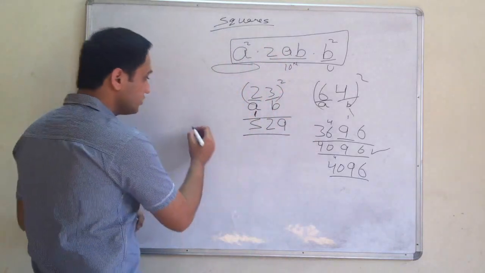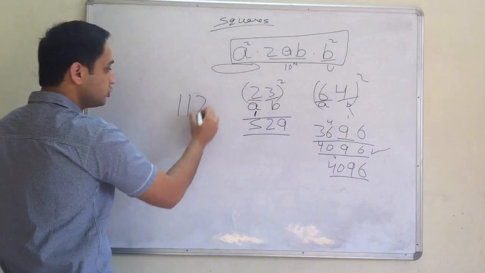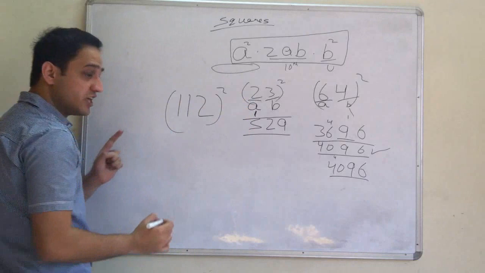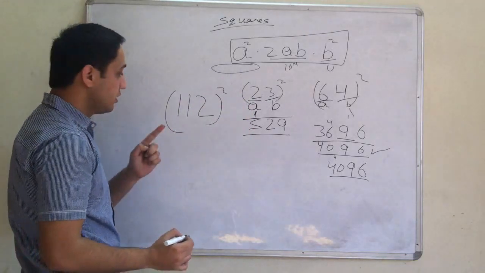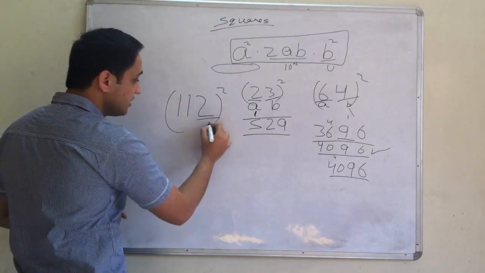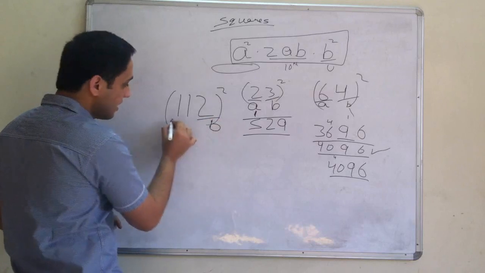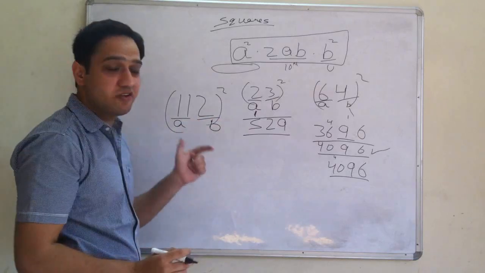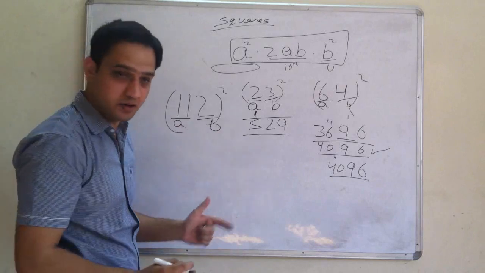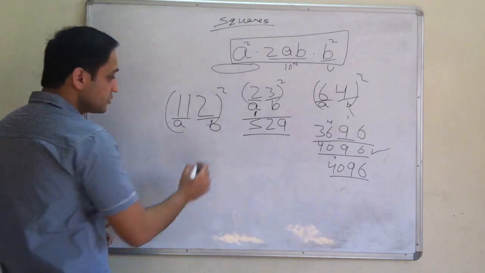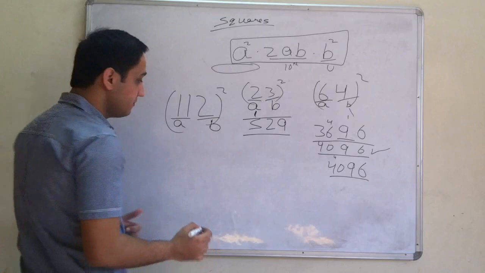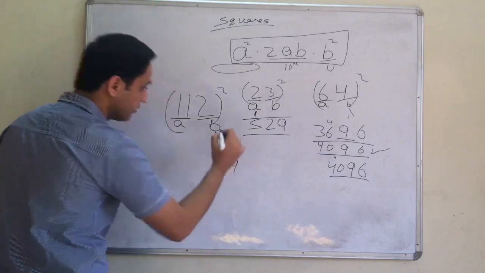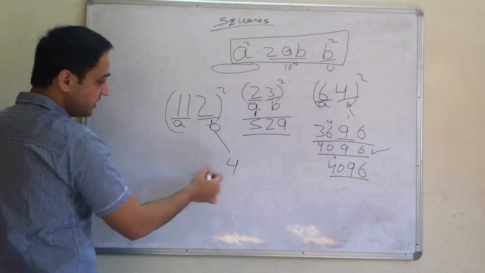So let's suppose we have to find the square of 112. 112. So the thing to remember here is this 2 represents B and this whole 11 represents A. B will always be the unit digit. So 2 square is 4. What will come at this place?